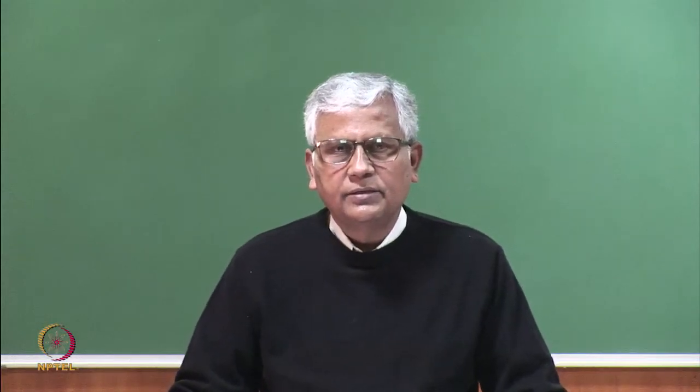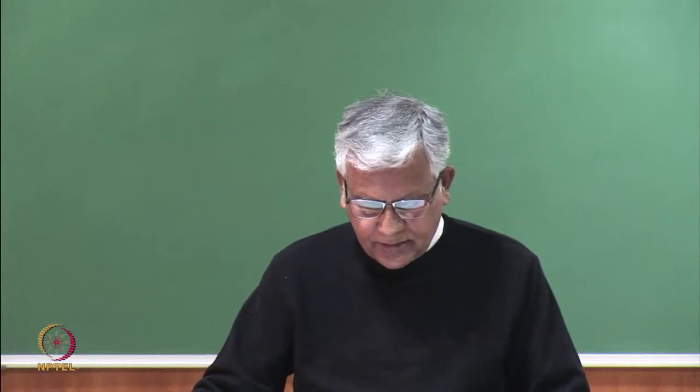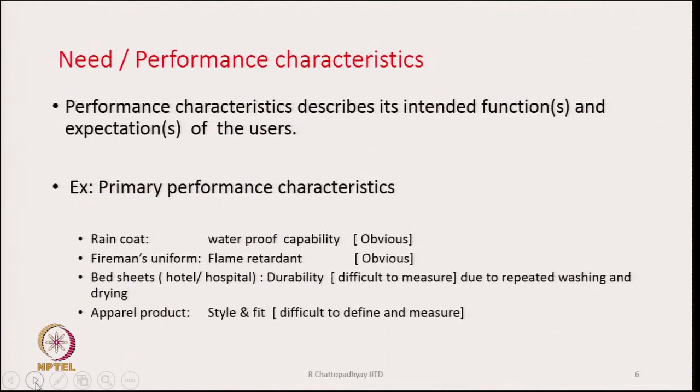The other thing is, for an apparel product, another example, style and fit are very desirable characteristics, but they are also very difficult to define and measure. So, there are certain performance characteristics in a product that a consumer or the customers can expect, but some of them are very difficult to really measure.